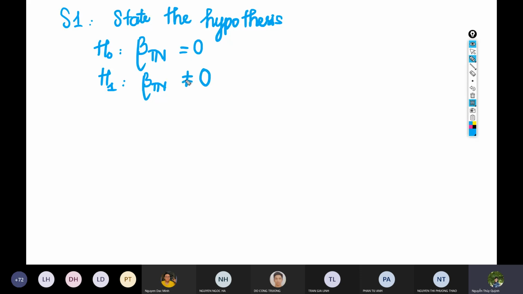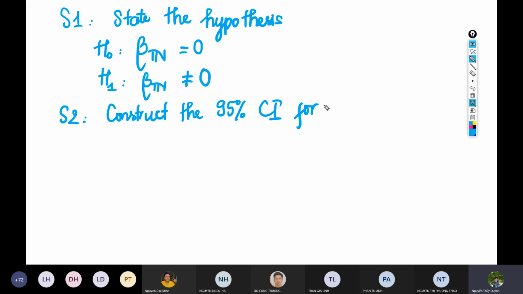Now, step 2, you have to construct the 95% confidence interval for beta Tn. What is the 95% confidence interval for beta Tn? It's from 0.76 to 0.83.